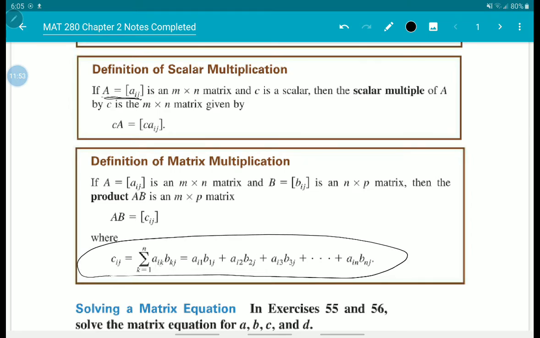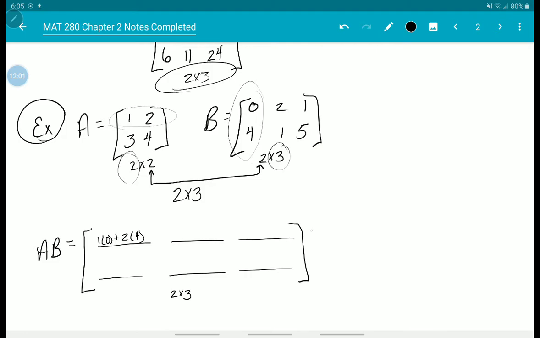So you're going to multiply those entries together as you move along the row and column. And if we do that, we're going to have 0 plus 8, which is 8. So we've got the entry in the first row, first column.